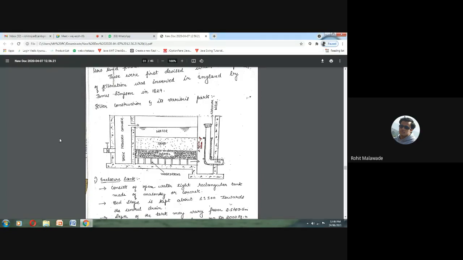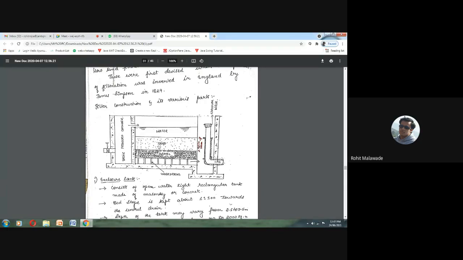Now, in the previous classes we have only discussed its working, but we have not discussed its cleaning. The maintenance of your slow sand filter is also very important.